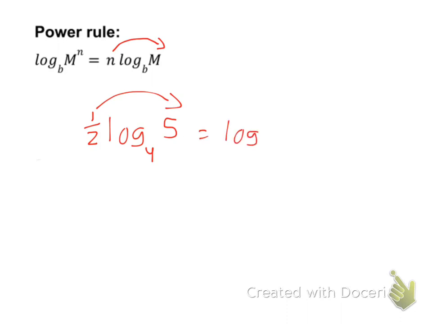This becomes log base 4 of 5 to the 1/2 power. That is how you apply rule number 3 first. Every time you see things out front of a log, you can do this.